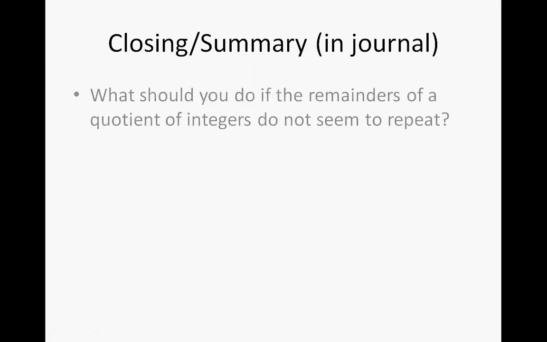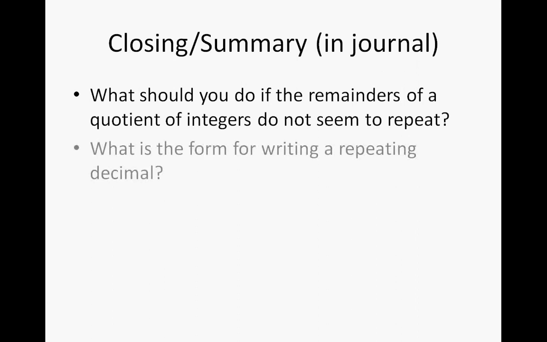So in closing, in your journal, let's summarize what we've talked about by asking and answering some questions. What should you do if the remainders of a quotient of integers do not seem to repeat? And what is the form for writing a repeating decimal?